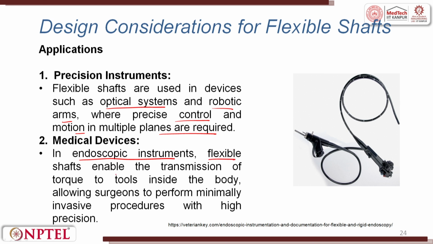Flexible shafts enable the transmission of torque to tools inside the body, allowing surgeons or diagnosticians to perform minimally invasive procedures with high precision. So without cutting the body parts, shafts allow us to go inside and record the images. These are certain applications, or the major applications, for flexible shafts.